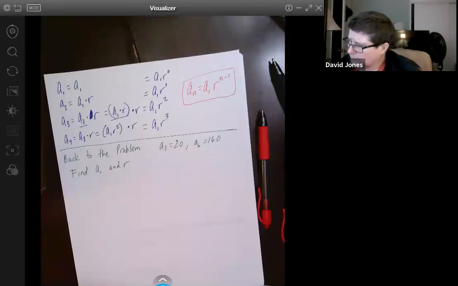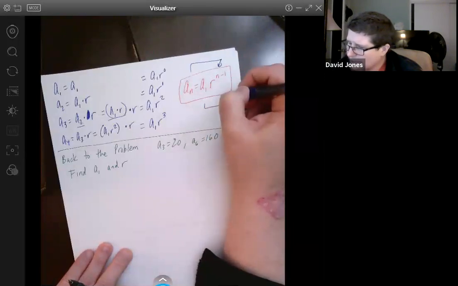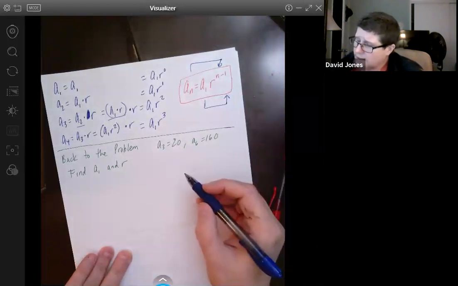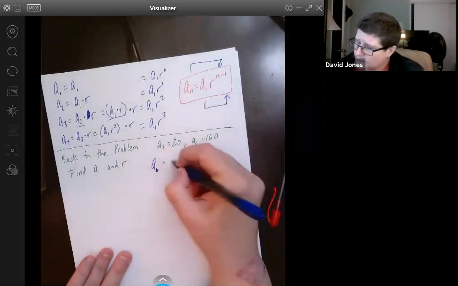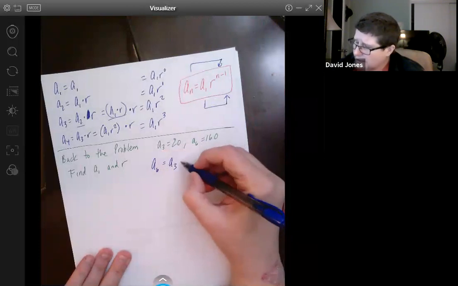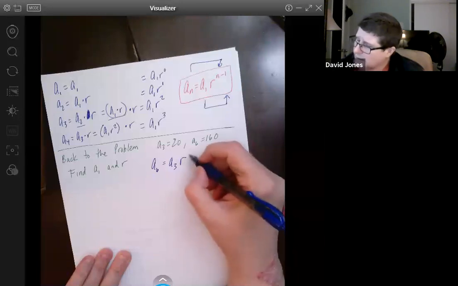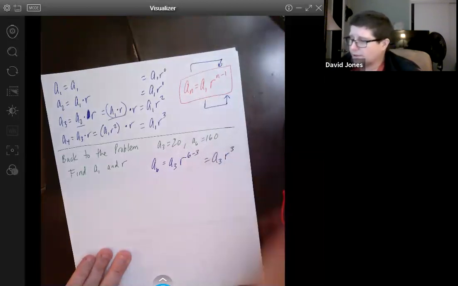Again, notice this n here is that n there, and this one here is that one there. So I could write a sub 6 in terms of a sub 3. A sub 6 equals a sub 3 times r to the n minus, which n is 6, and this is 3. A sub 3 times r cubed.